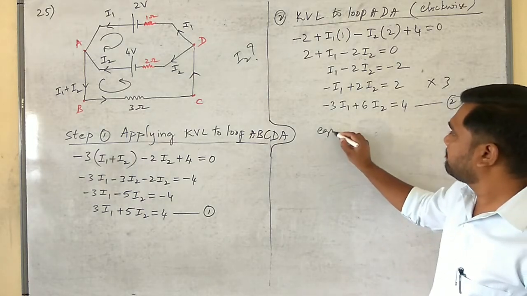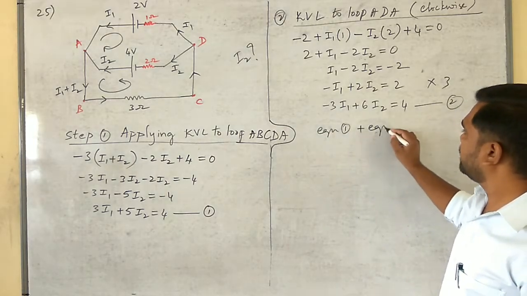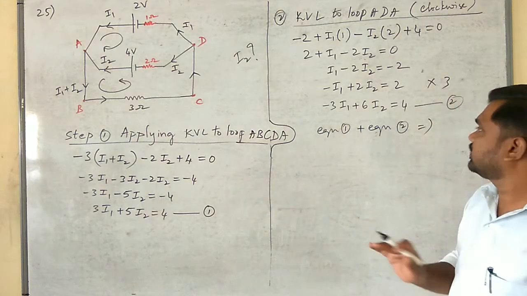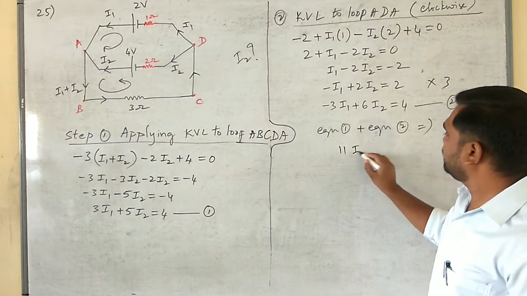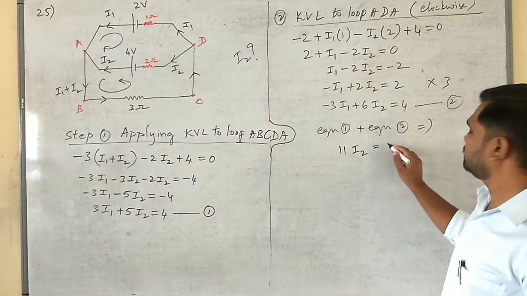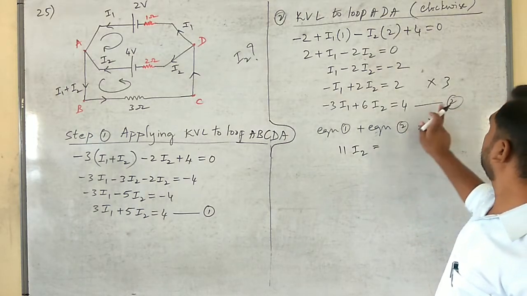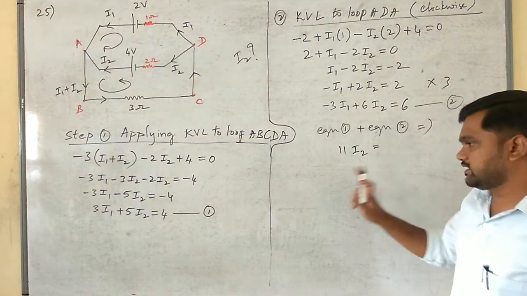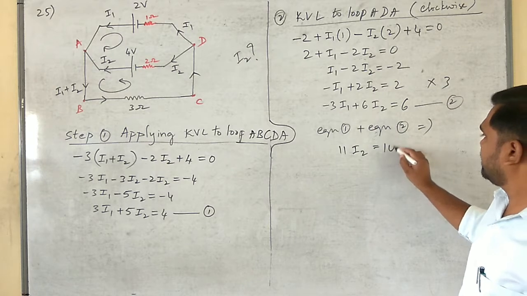Next, equation 1 plus equation 2 gives you, ಎರಡನ್ನು ಆಡ್ ಮಾಡಿದ್ರೆ 3I1 ಕ್ಯಾನ್ಸಲ್ ಆಗುತ್ತೆ. 11I2 is equal to, ಇದು 3 into 2 6, sorry, next 6 plus 4 10.